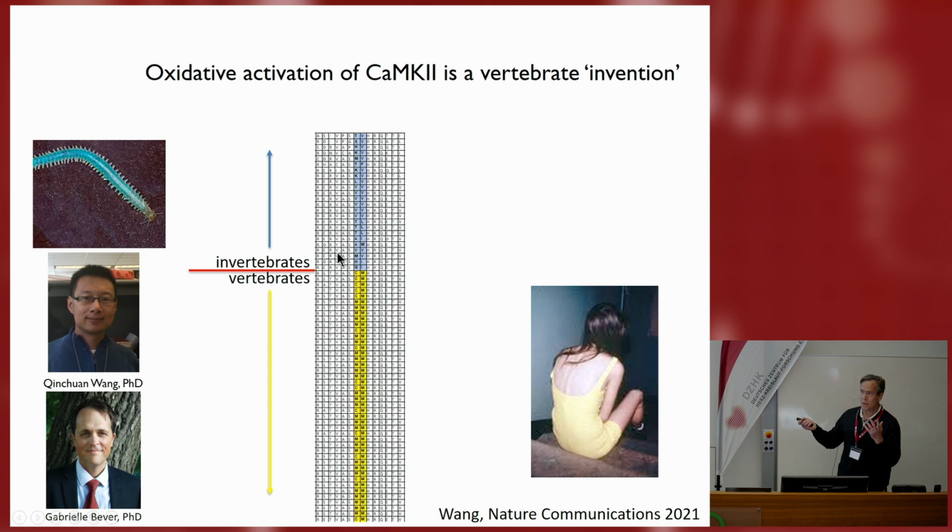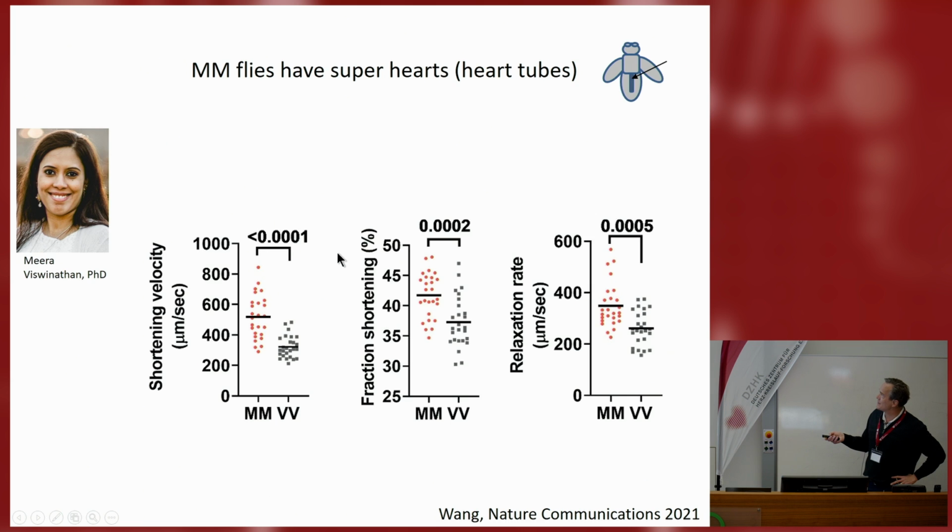CamKII is about 1 billion years old, and this is a new invention. So why is it? Well, we found that mice that lacked CamKII that could be oxidized through knock-in mutation weren't as fast, and they couldn't run as far. And so we wondered if this oxidation occurred in vertebrates so it could supercharge metabolic responses for fight or flight.